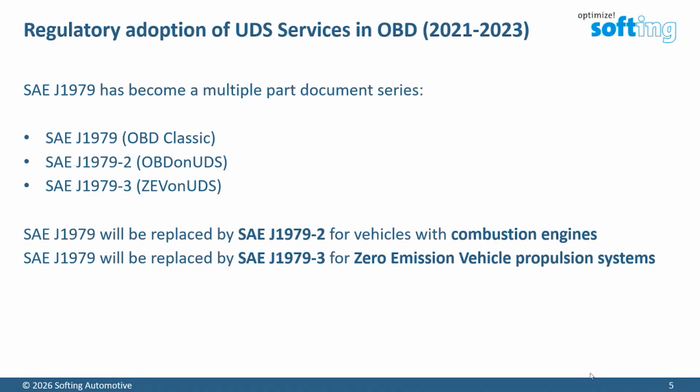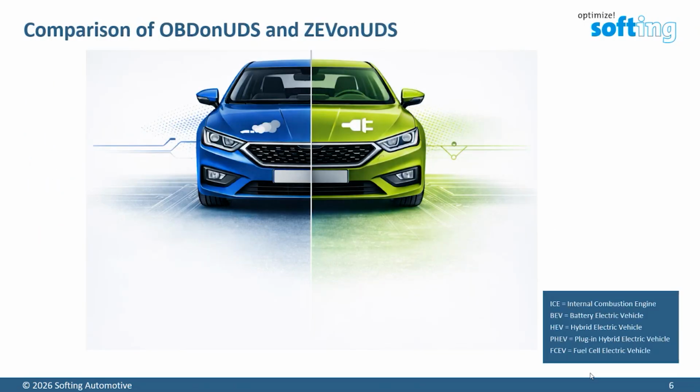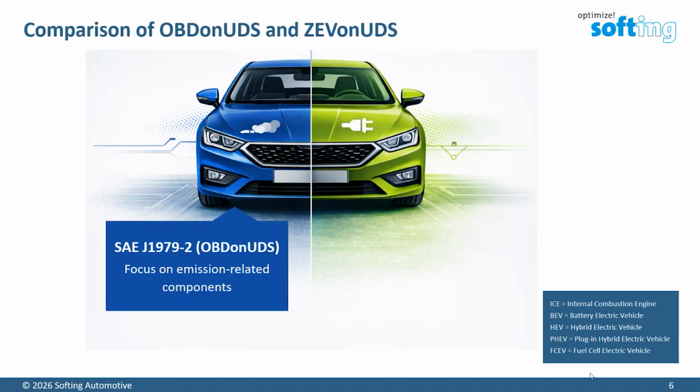Bernhard, there are different powertrain types. Can you give us an overview when -2 or -3 shall be used? Yes, of course. On a higher level, both standards can be compared the following way. In SAE J1979-2, OBD on UDS, the focus is on emission-related components.